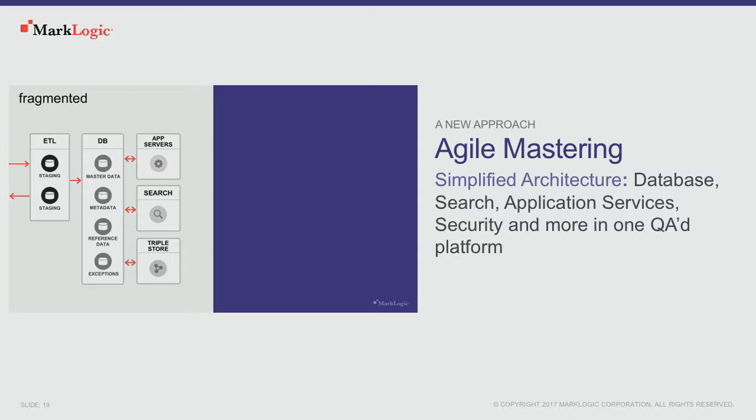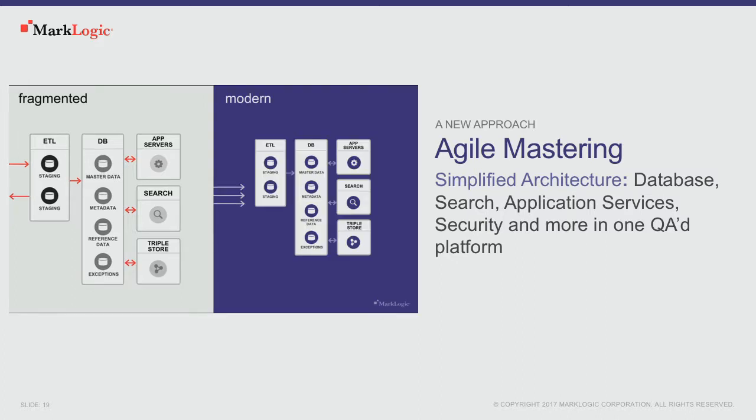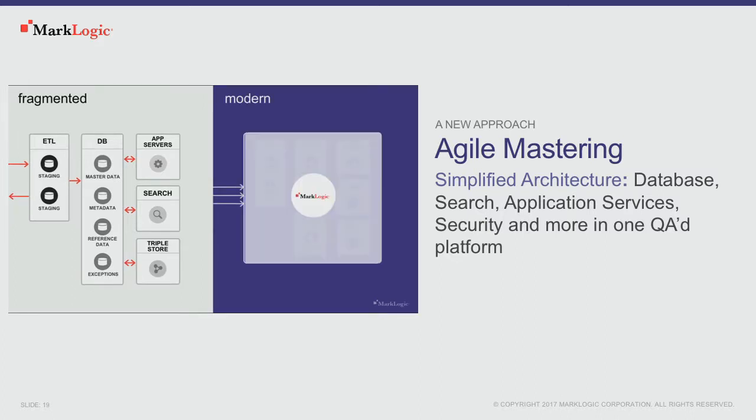And this is a single unified product where you've got a database and search, application servers, application services, all built together, all QA'd in one single platform that can keep track of everything that happens within it. So you get complete auditing. You don't lose sight of what happened to any piece of data, and you can hold on to it. And when you add it to your documents, to your entities, you can be sure that you're going to be able to search across it.